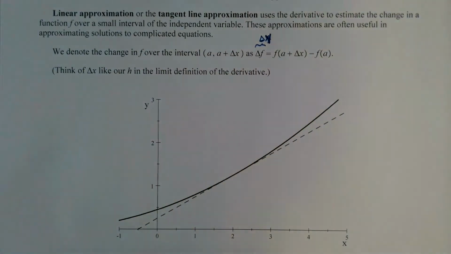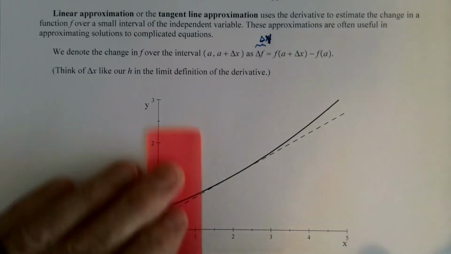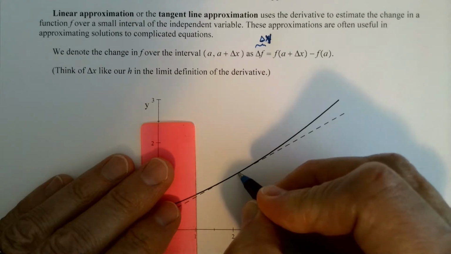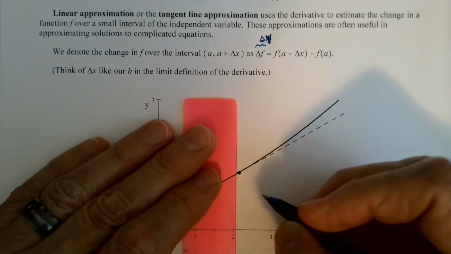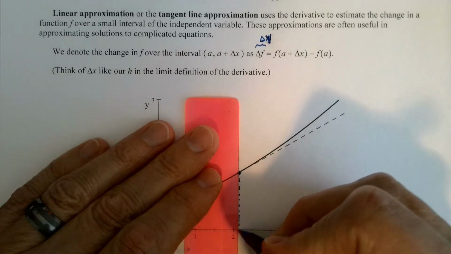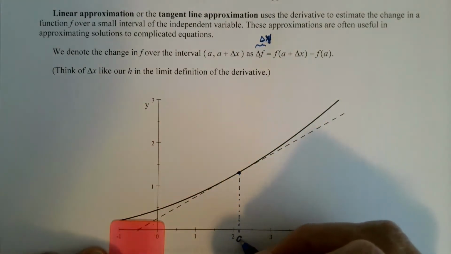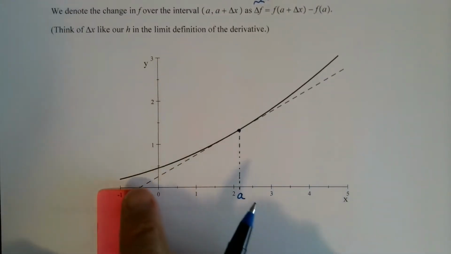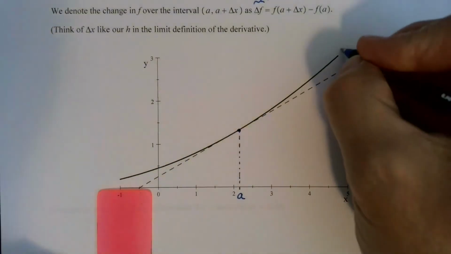Okay, so let's just take a look at what we're talking about here. Let's suppose that the value of a is somewhere like here, so maybe right here is a 2 point something, whatever it is. And the solid line is the graph of the function f.